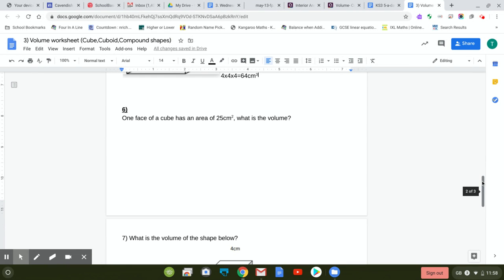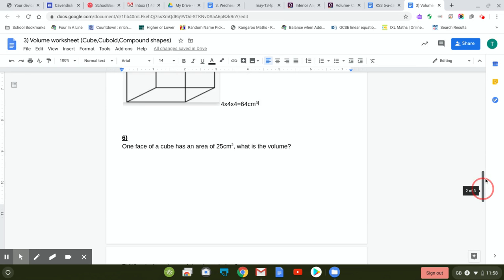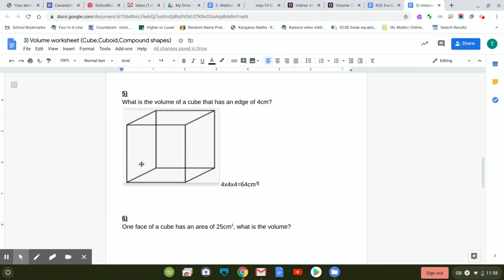The next one. A face of a cube has an area of 25 centimeters squared. So this is area, it's not length this time. What is the volume? If we just use this picture again to help us out, one of the faces is 25 centimeters squared area. That means each of the side lengths have to be the same because it's a cube. So something times something equals 25.